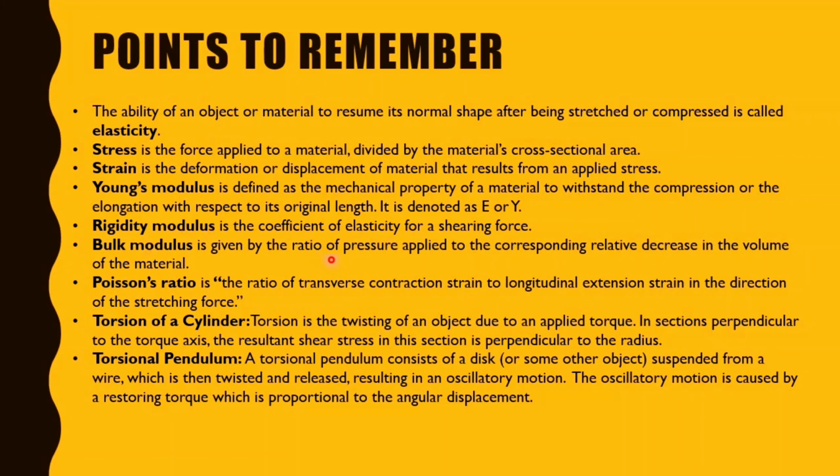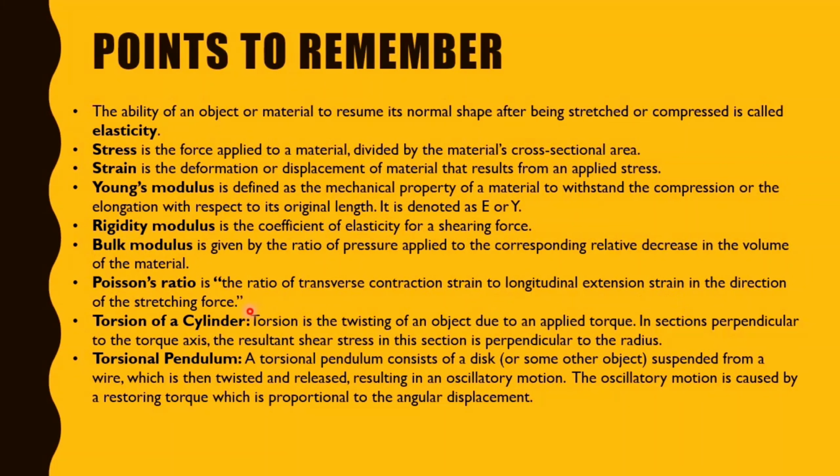Bulk modulus is given by the ratio of pressure applied to the corresponding relative decrease in the volume. That means whatever change happens in the volume, it will be the pressure divided by the relative decrease in the volume. Poisson's ratio is the ratio of transverse contraction strain to longitudinal extension strain in the direction of the stretching force.